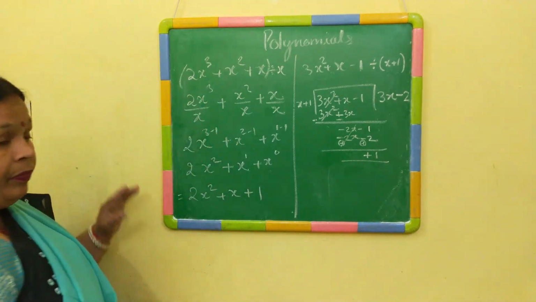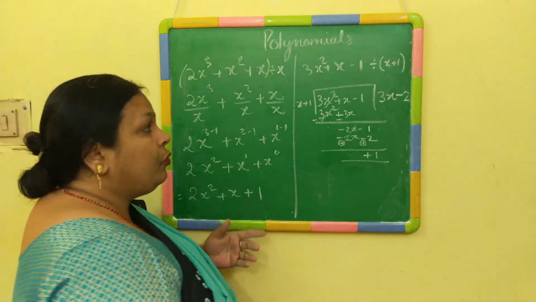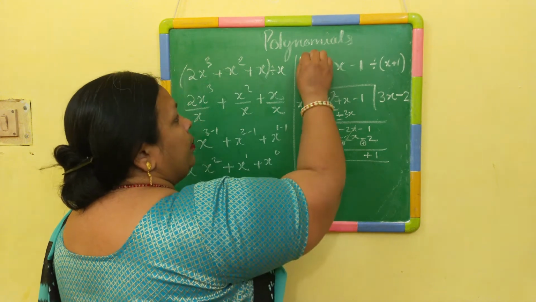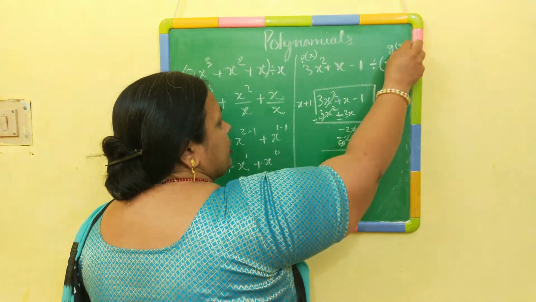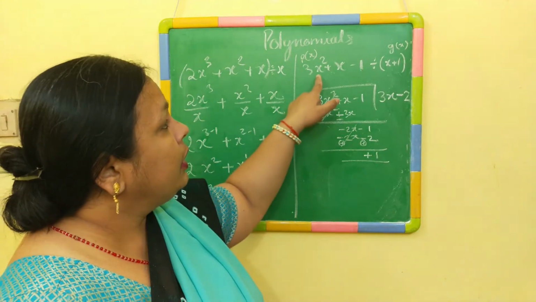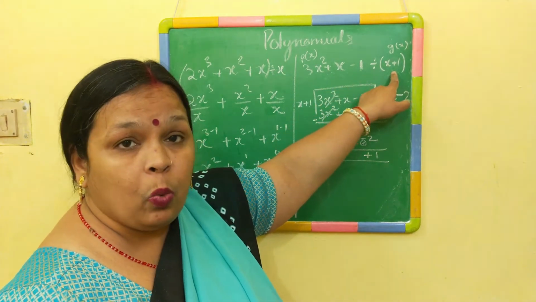Clear? Now how to represent this equation in the form which we know. So 3x square plus x minus 1 is nothing but px. Let this be gx. Now we are clearly seeing that the degree of px is 2 and the degree of gx is 1.